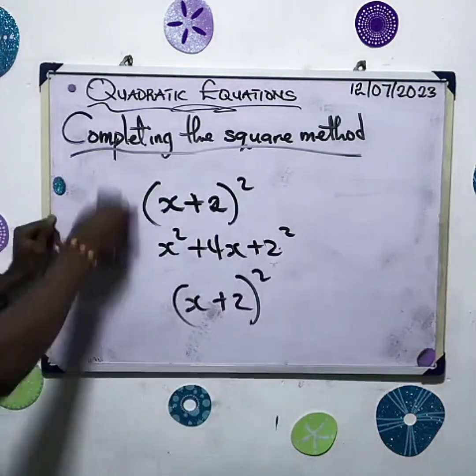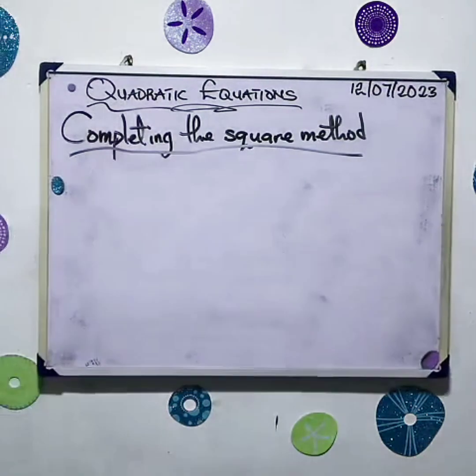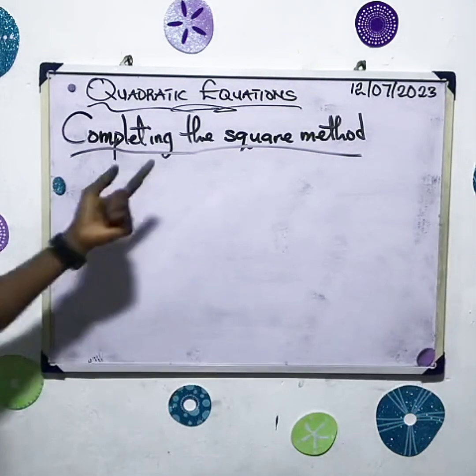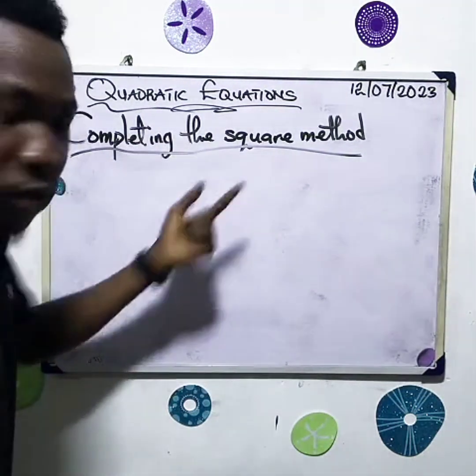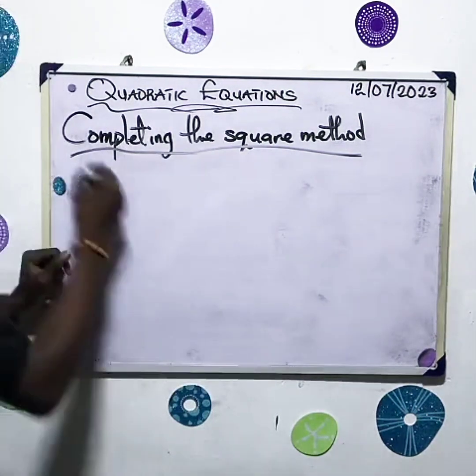Now, let's go to the real work. How do we solve quadratic equations using the completing the square method? Let's take some examples.